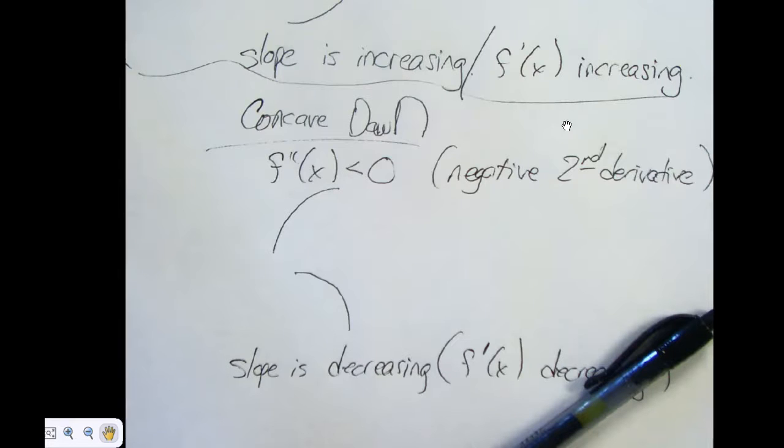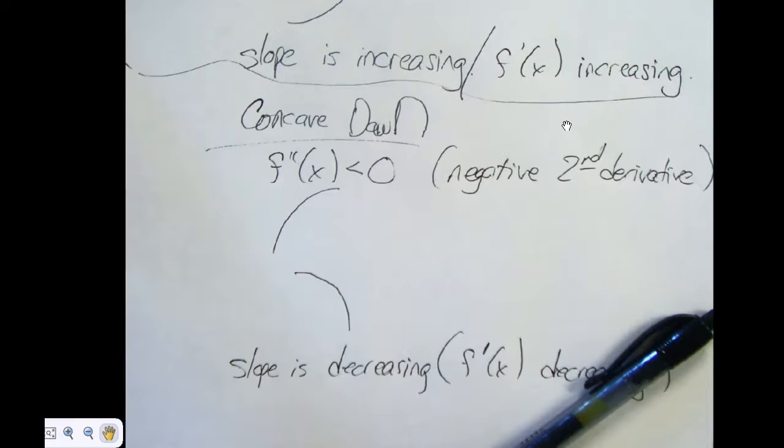So f double prime of x greater than 0. What's that mean? F prime of x is... Increasing. Good. And what's f of x?